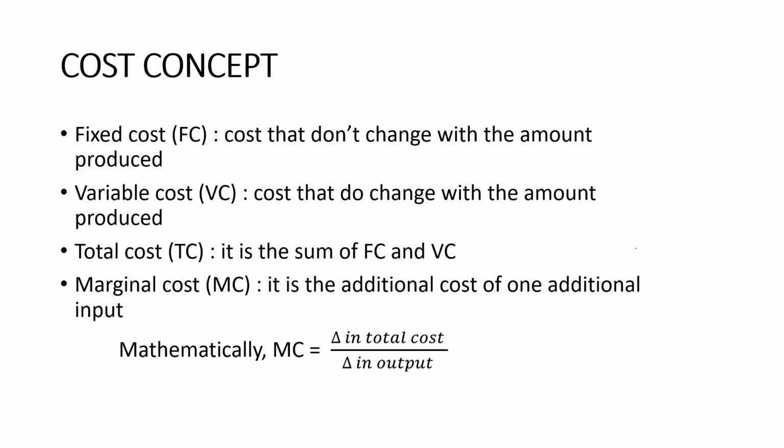Next one is variable cost. Costs that do change with the amount produced. It means if you are producing more and more, there's a tendency for you to have a change in cost. So let's take this as a case study. If I'm to produce 200 sachets of Bonvita using a single truck, that means for me to produce 200 sachets, I only need a truck of cocoa.